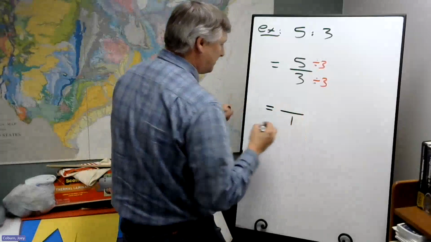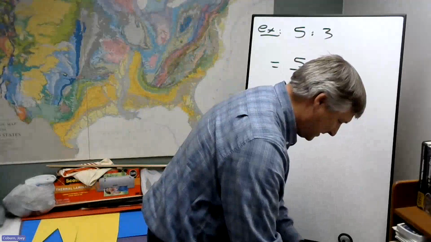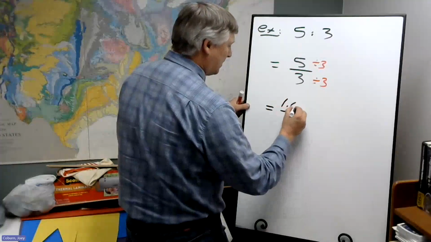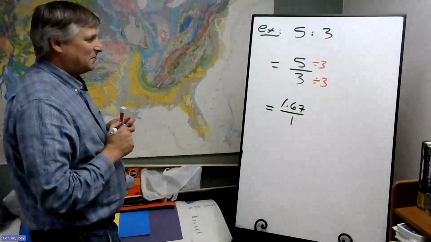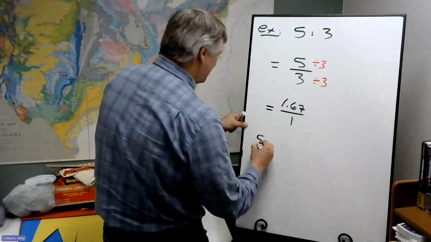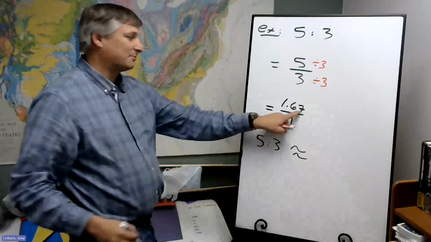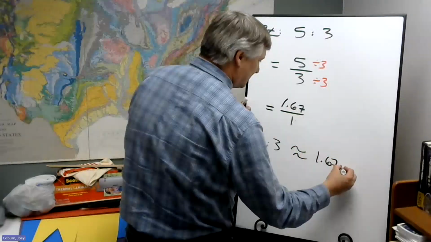And so we'll get 1 on the bottom, and let's take a look at this. 5 divided by 3, I'm going to round this to 1.67. So what I would say is that 5 to 3 is approximately, because I had to round, 1.67 to 1.